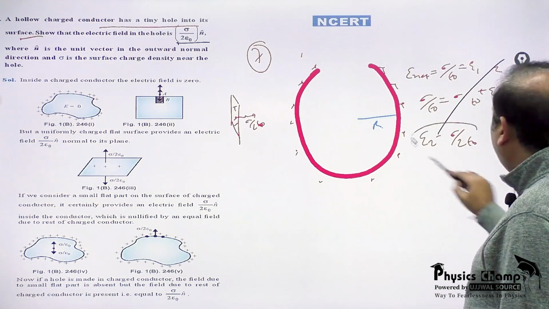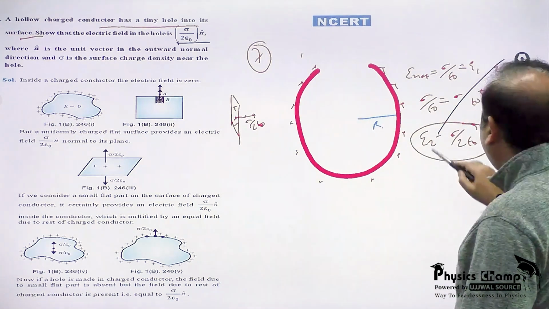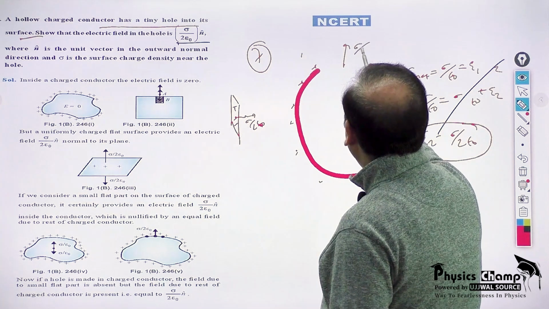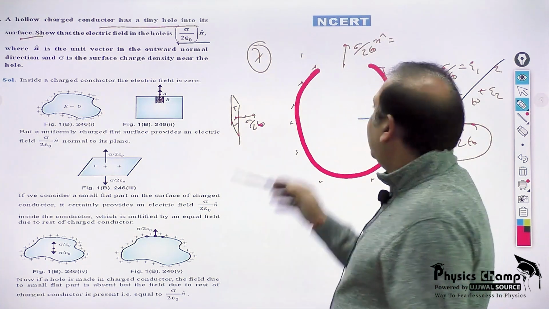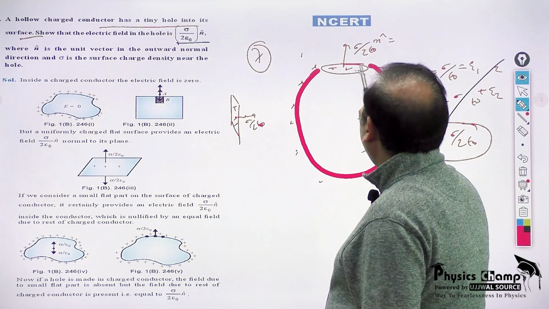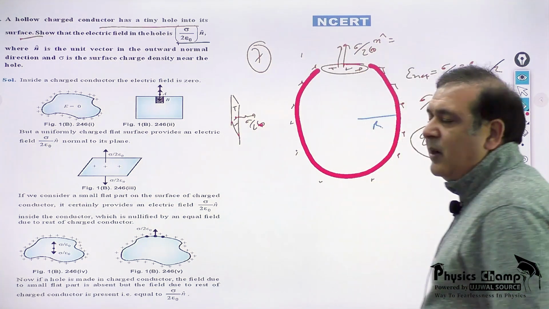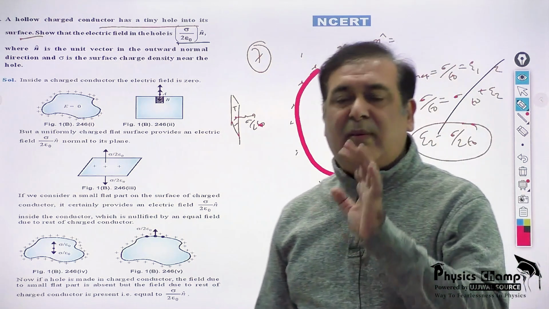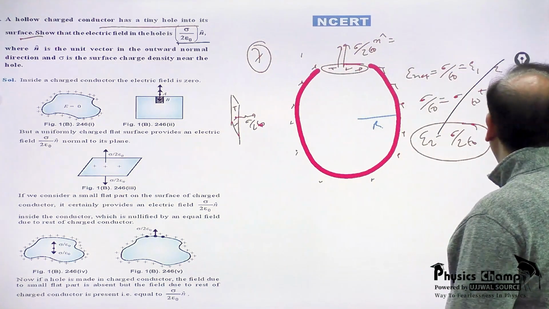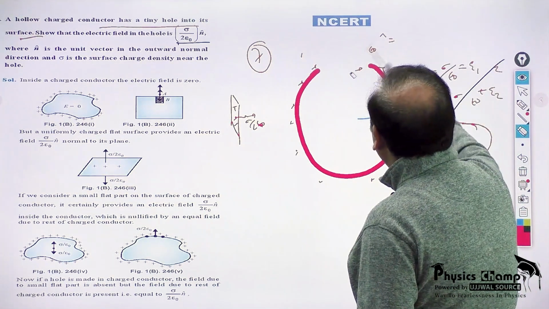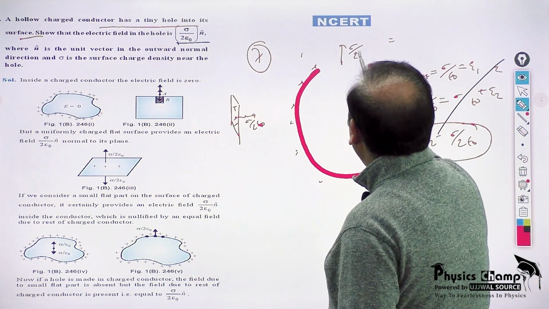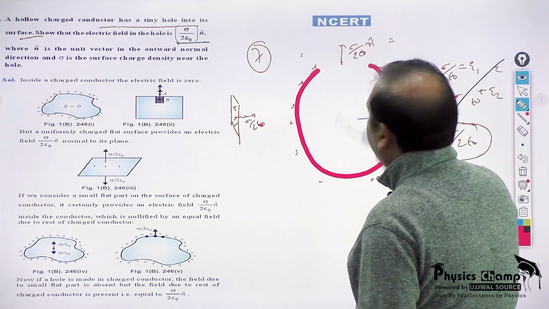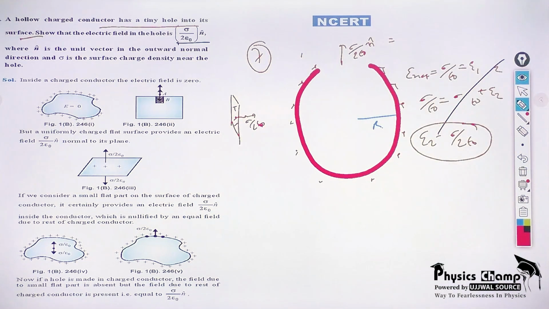So you have already proved the electric field due to the rest of the part here will be sigma by 2 epsilon naught into n unit vector. So if that tiny hole was not existing, the net electric field would be sigma by 2 epsilon naught plus sigma by 2 epsilon naught, that is sigma by epsilon naught. But if this tiny hole is existing, then the electric field here is only sigma by 2 epsilon naught into n unit vector. So that is question number 7 of NCERT for you.